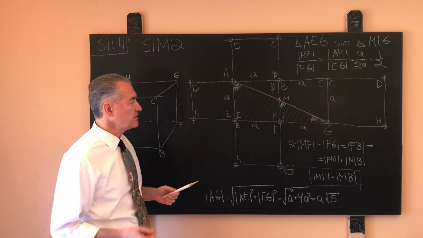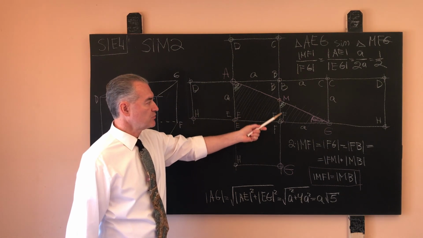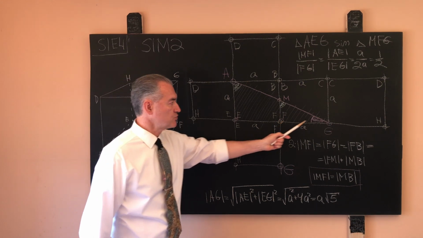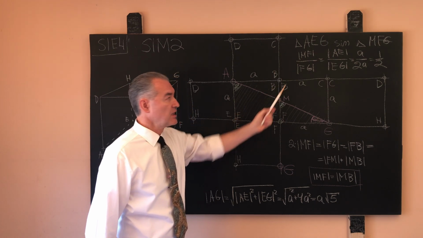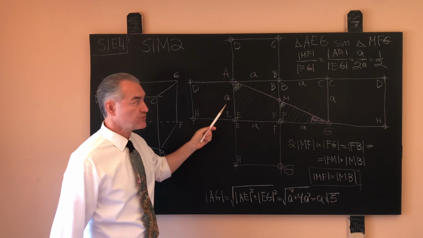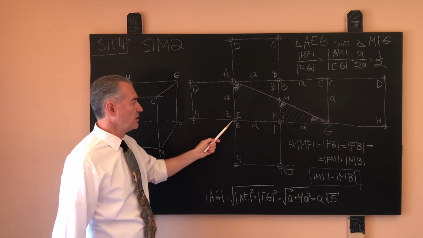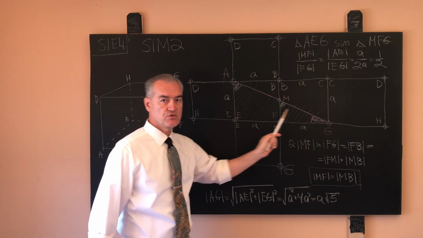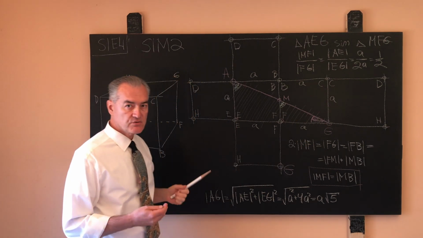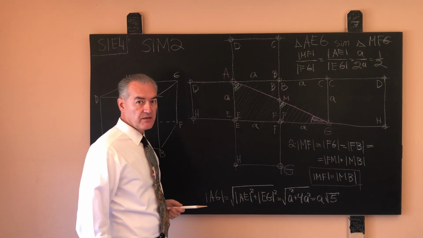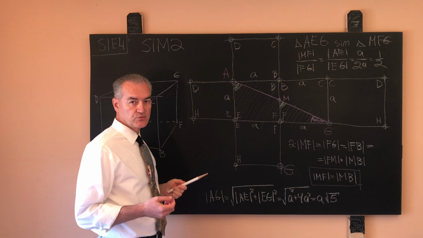In our case, it means that the distance from M to F is in the same ratio to the distance from F to G, shown here, as the distance from A to E is to the distance from E to G. But we just agreed that every face of our net is a square, and the length of the side of each square is one and the same.